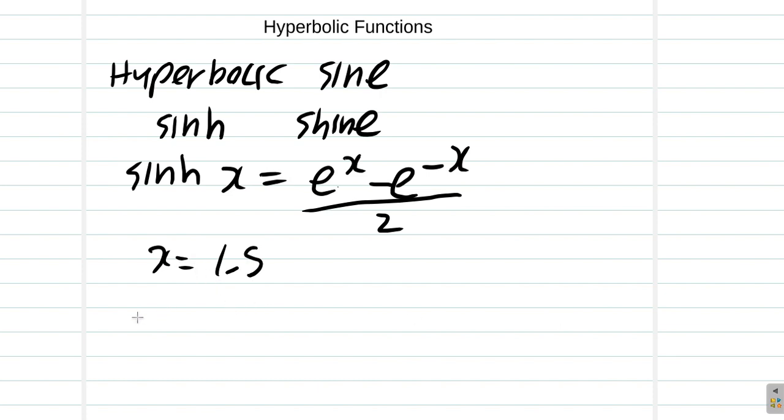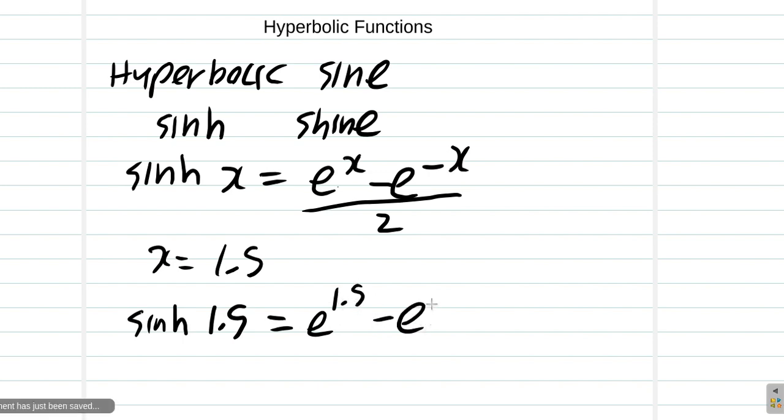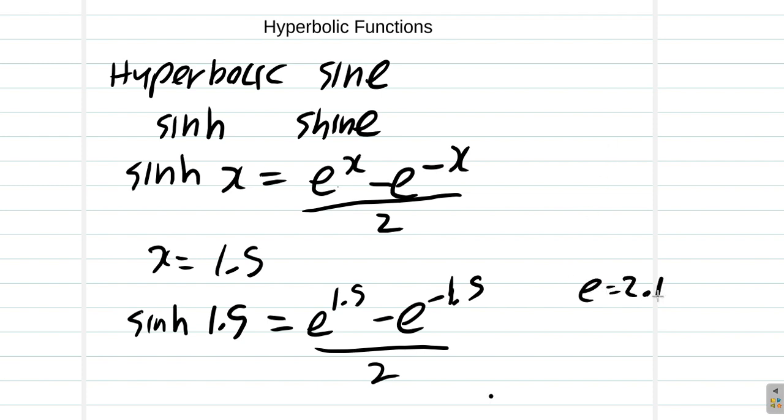Now, the sinh of 1.5 is equal to e to the 1.5 minus e to the negative 1.5, over 2. Now remember, e to 3 decimal places is 2.718.